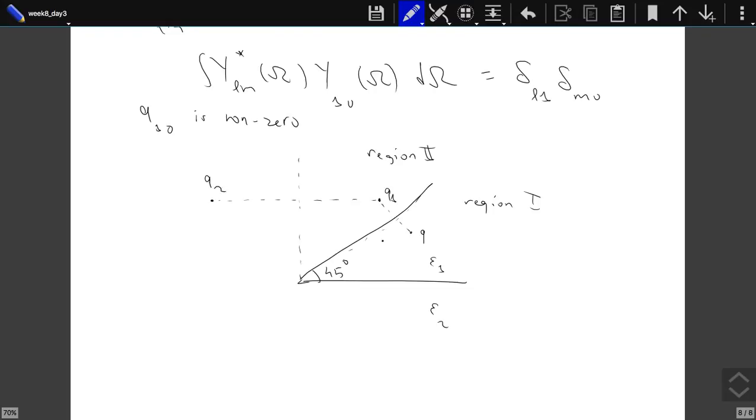This will have an image Q3. And each one of these will have images in the vertical plane, Q4, Q5, Q6, Q7.